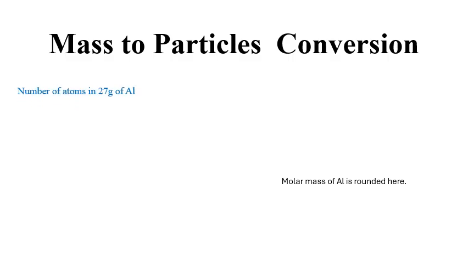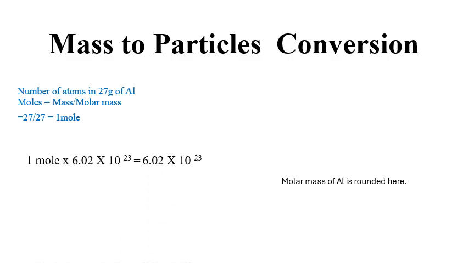So, mass to particle conversion. To find the number of particles from the given mass, first find the number of moles and then multiply with Avogadro number. Now, using dimensional analysis, we can see that this is a two-step problem.